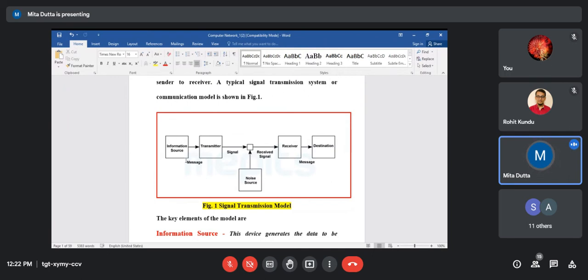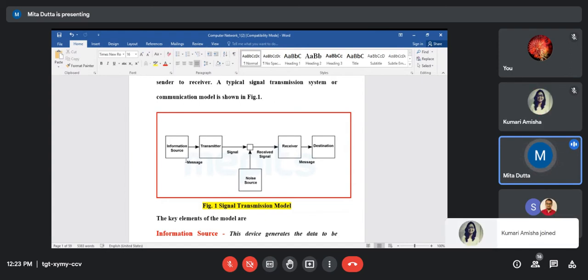Now, what is the difference between baseband signal and broadband signal? In baseband signal, we transmit the raw signal produced by the information source. That signal is known as baseband signal. And what is broadband signal?